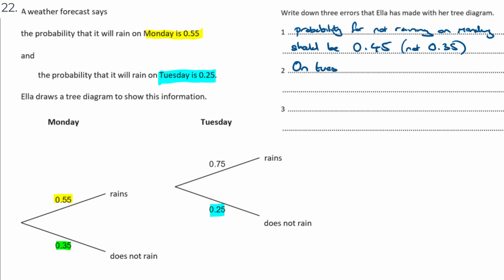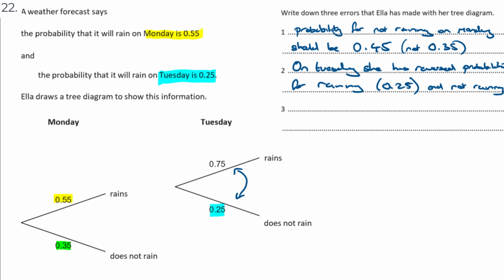On Tuesday, she has reversed probabilities for raining, which should be 0.25, and not raining. Okay, so they should be the other way round.